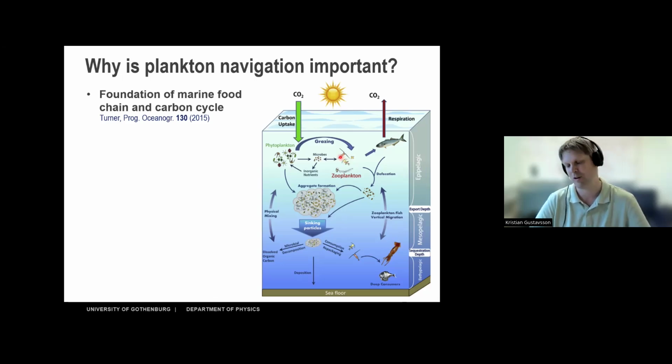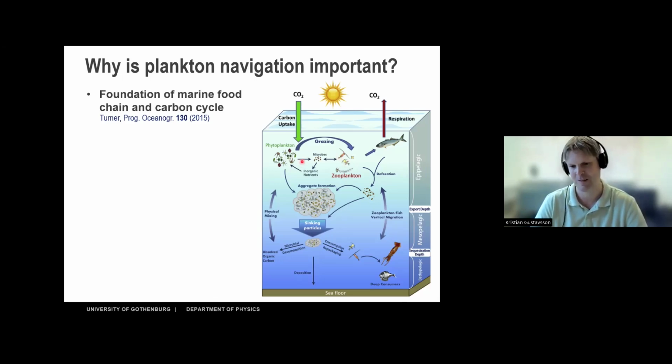And then it's important to understand how plankton growth will change if we change the underlying flow structures. For example, climate change is expected to change the turbulence levels, temperature and so on. And then the question is what will happen with plankton populations at different places.